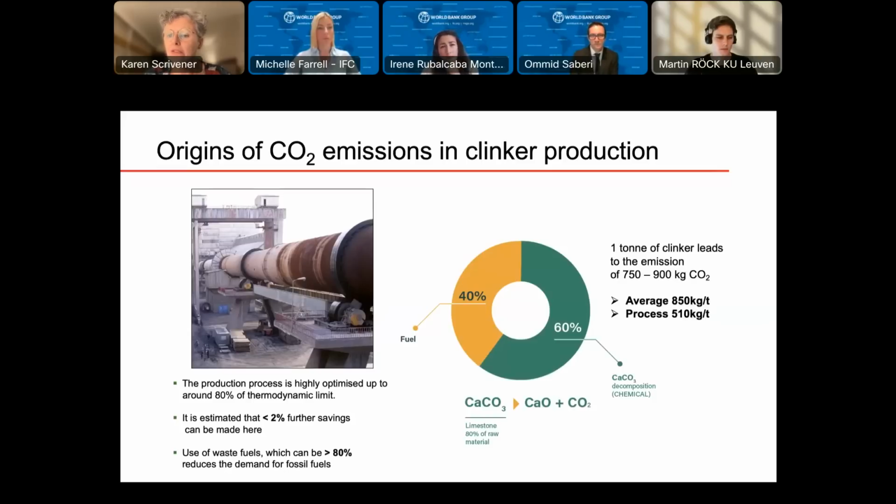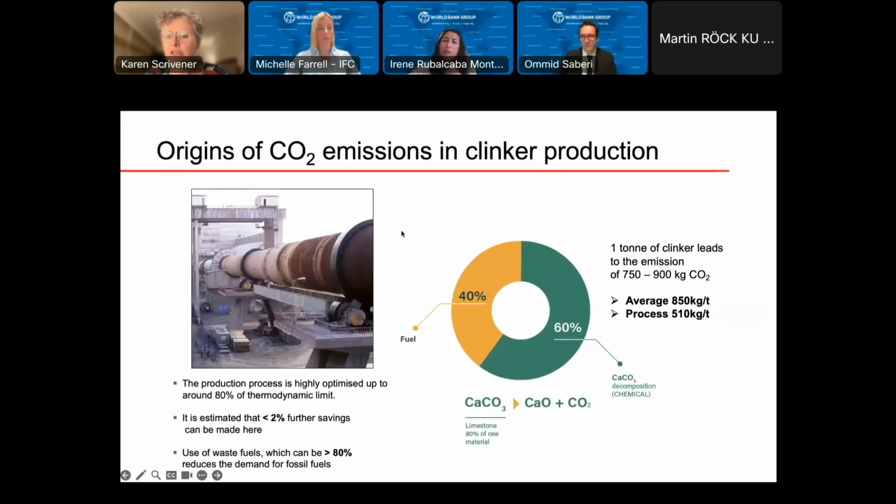But even though we have these high temperatures, only a minority of the emissions, about 40%, are coming from the fuel. And this process is already highly optimized. There is unlikely to be much further improvement there. And most importantly, now we can use a lot of waste fuels, so we can avoid, to a very large extent, the use of fossil fuels.